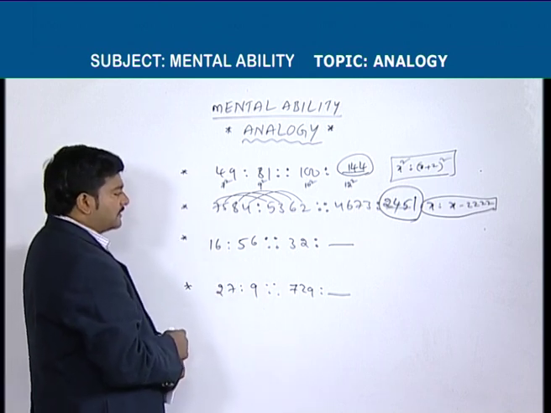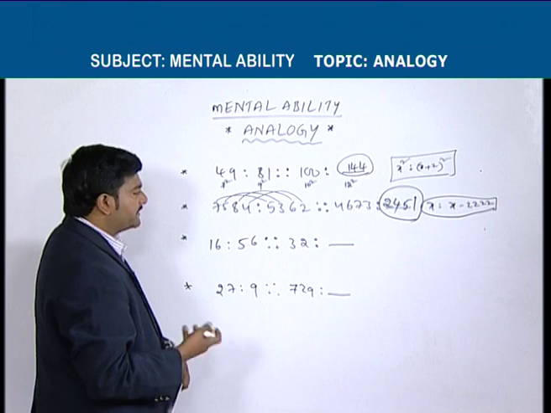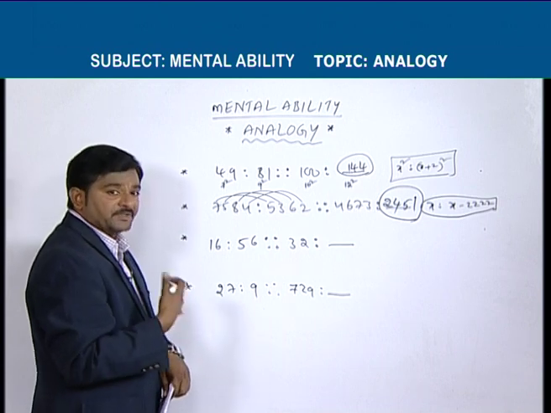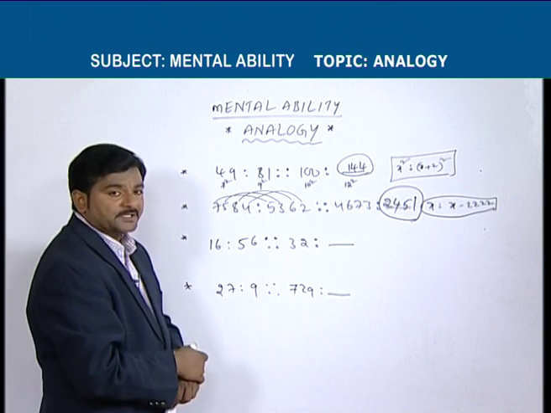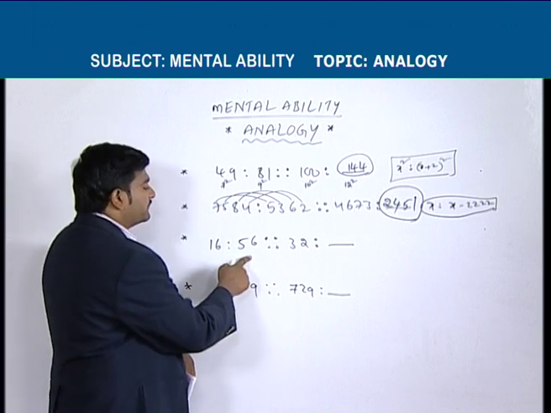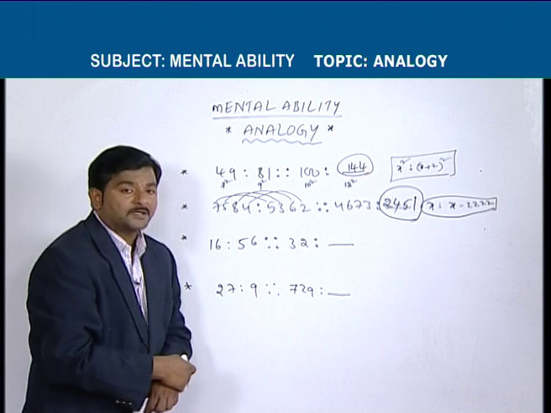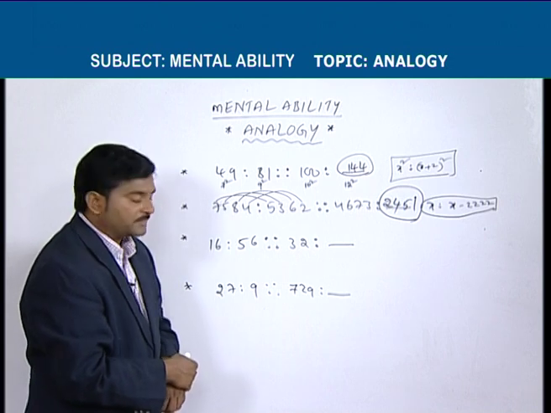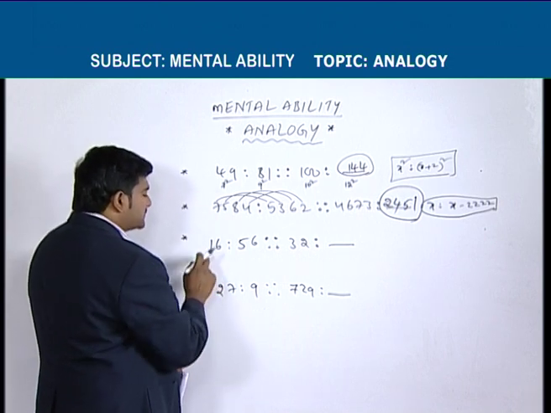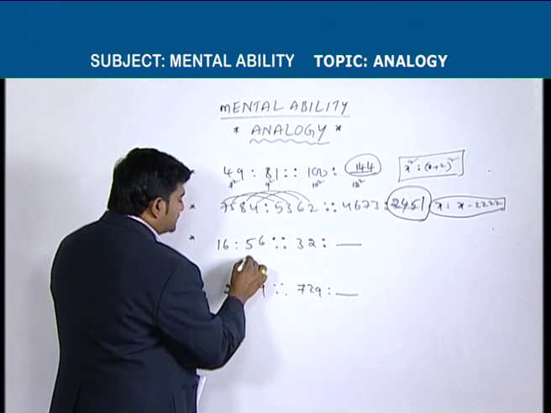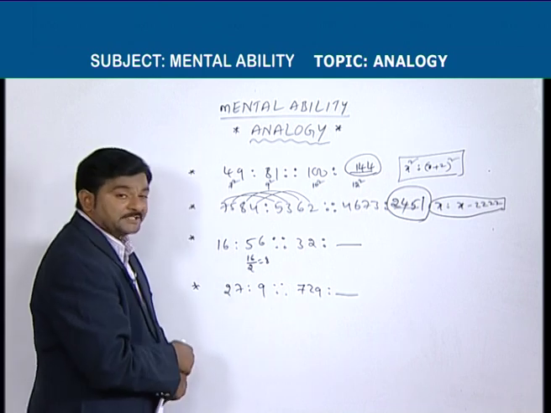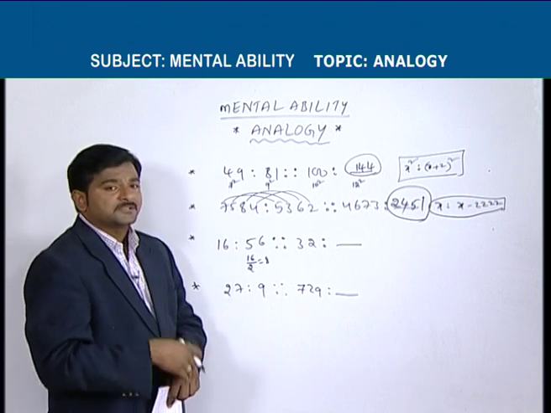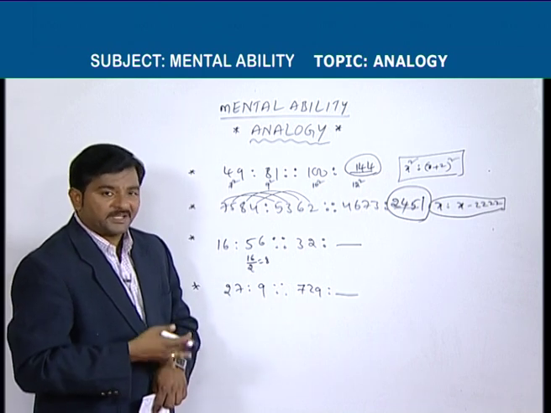See, this is a somewhat different concept. You may think in a different way, but what I thought is: 16 is to 56, as 32 is to dash. What does it mean? Take half of 16. Half of 16 means 8.